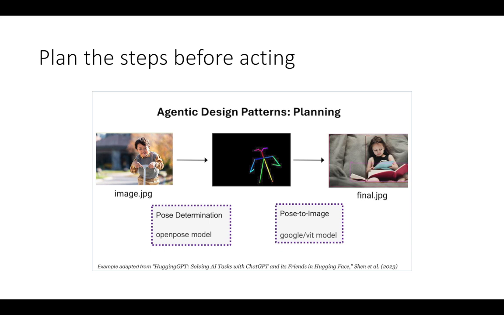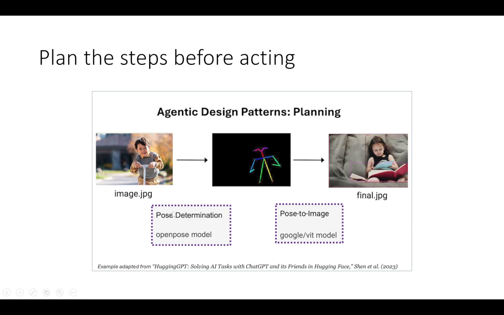The third one is plan the steps before acting, planning. This is talking about a computer vision problem. You are given an image of a boy, and asked to give a similar image of a girl. So the system asks, similar means what? You detect the pose of that person.